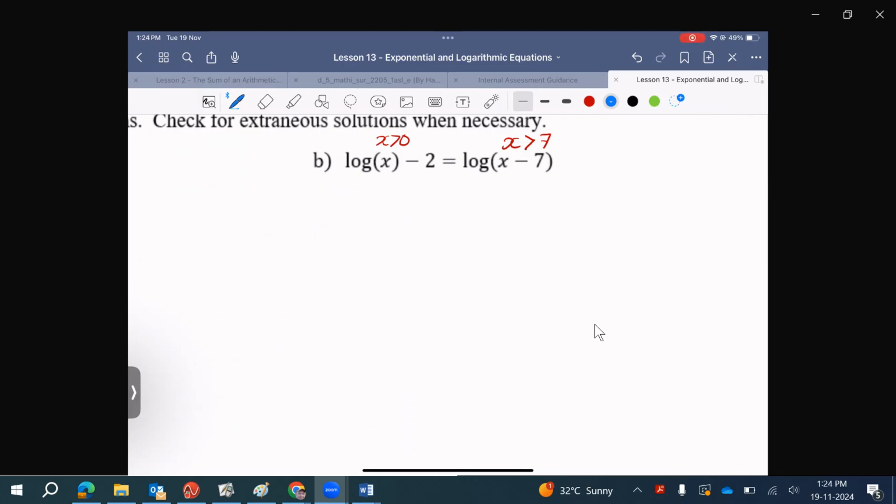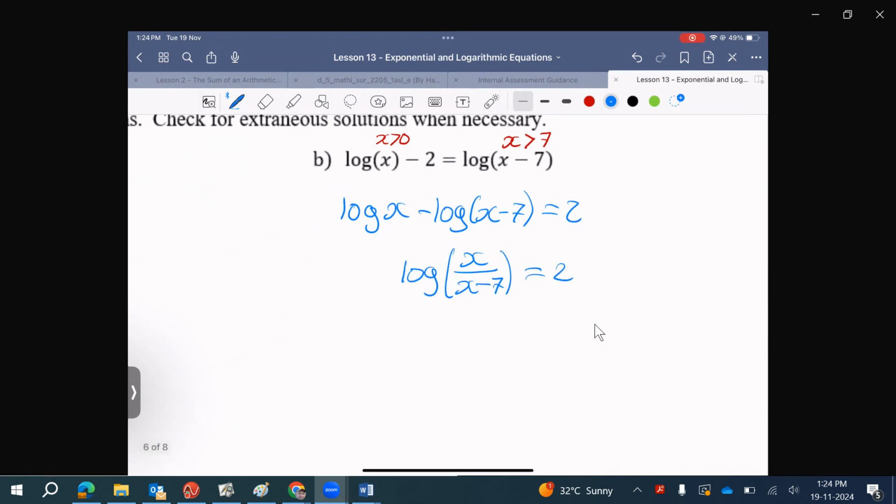I could have a log of 100, but I think what I'll do is I will move it around like this. Log of x minus log of x minus 7 equals 2. So we get log of x over x minus 7 equals 2, and then x over x minus 7 equals 100.